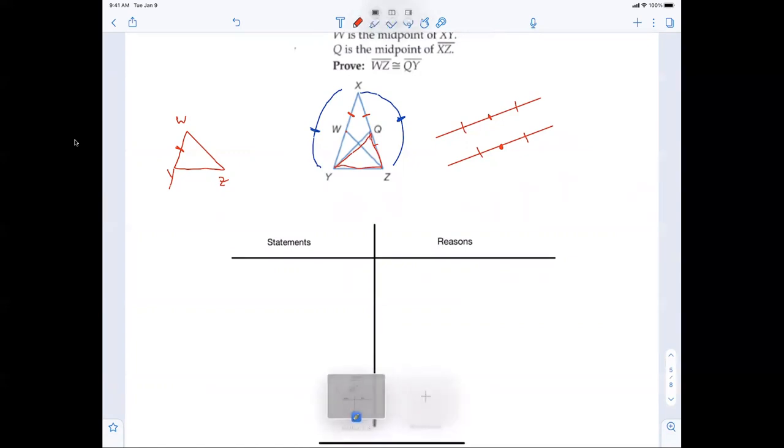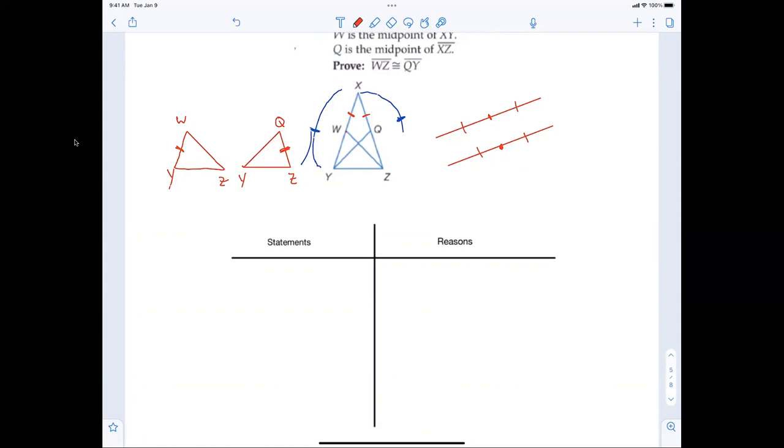I have what? This triangle on the right. And this is Y, Z, Q. All right, so does everybody agree that QZ is congruent to WY? Because we just talked about that, right?